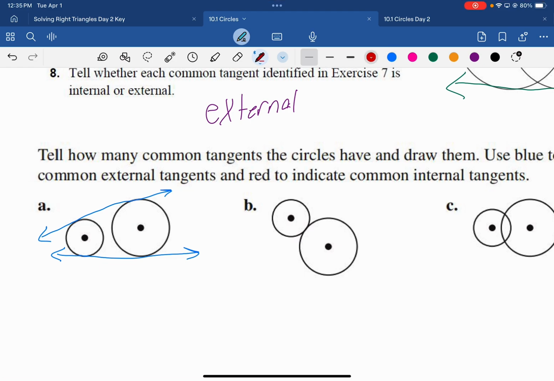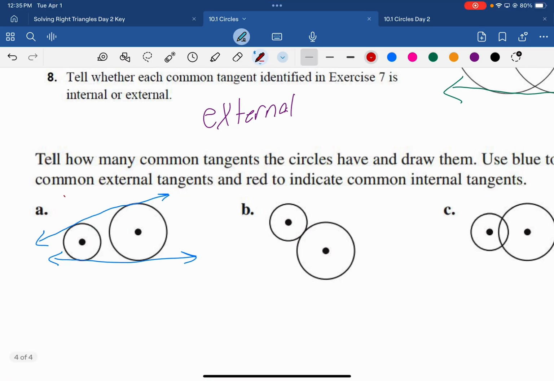Annika said in between at a diagonal like that. So you see how those are in between the two circles? That's what makes them internal. Is there another one we can draw internal? Yeah, just go the other way diagonal, right? Well, that's kind of bad.